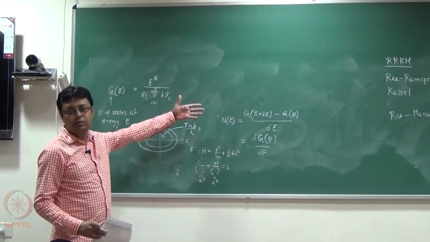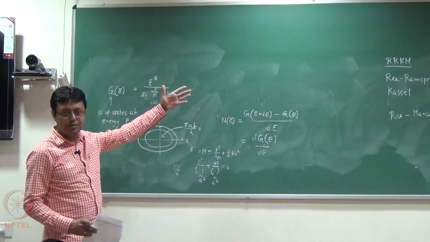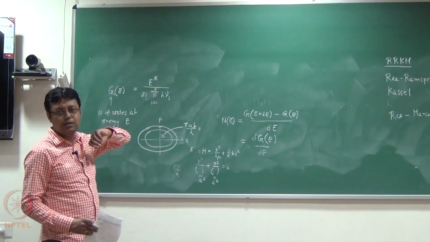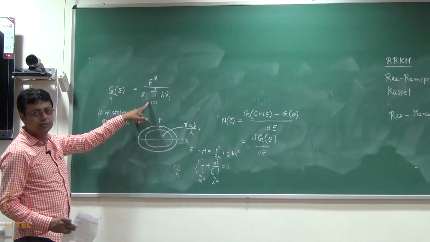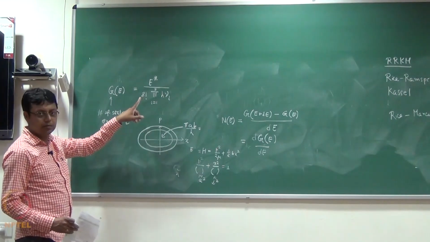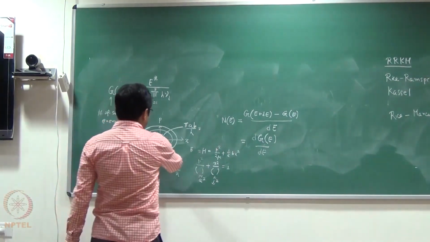Similarly, you can do it for an s-dimensional ellipse, because there are s different oscillators. That will give you this expression. Clear? Alright.